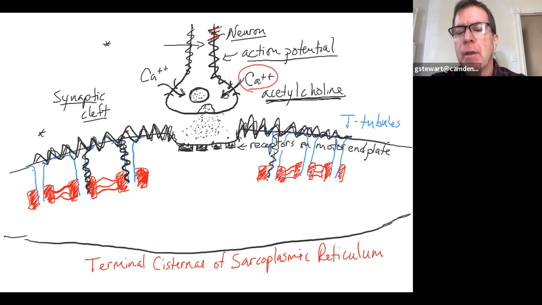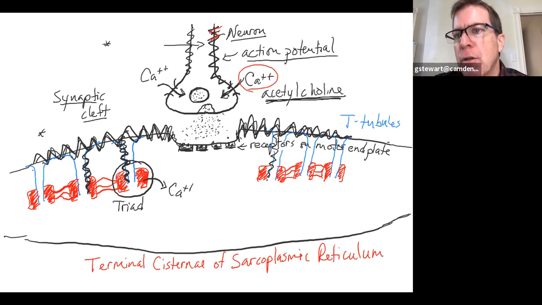That electrical impulse needs to get inside of the cell, and it's T tubules that guide that electrical impulse inward. And when the electrical impulse reaches this area, it's called the triad. It's only called a triad because there are 2 terminal cisternae associated with each T tubule, so 2 + 1 is 3. When the electrical impulse reaches this triad region, it causes calcium ions to be released inside of the cell from those storage containers.